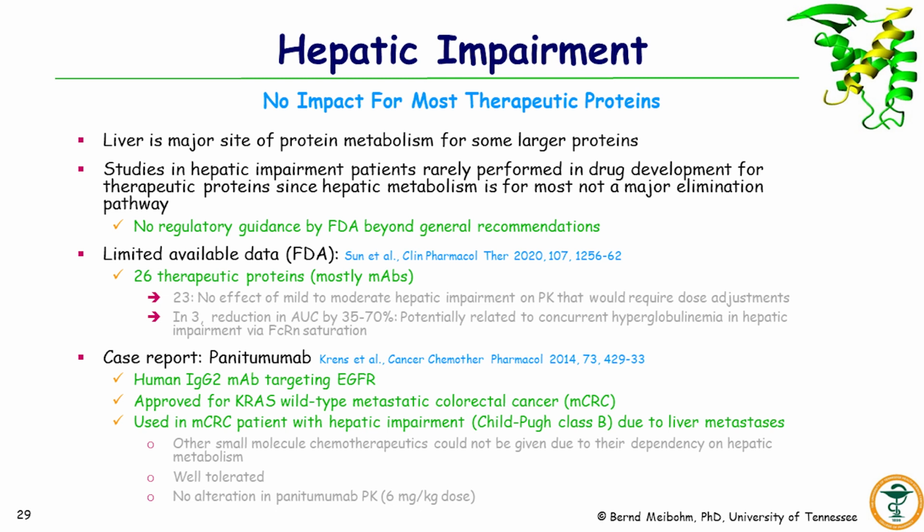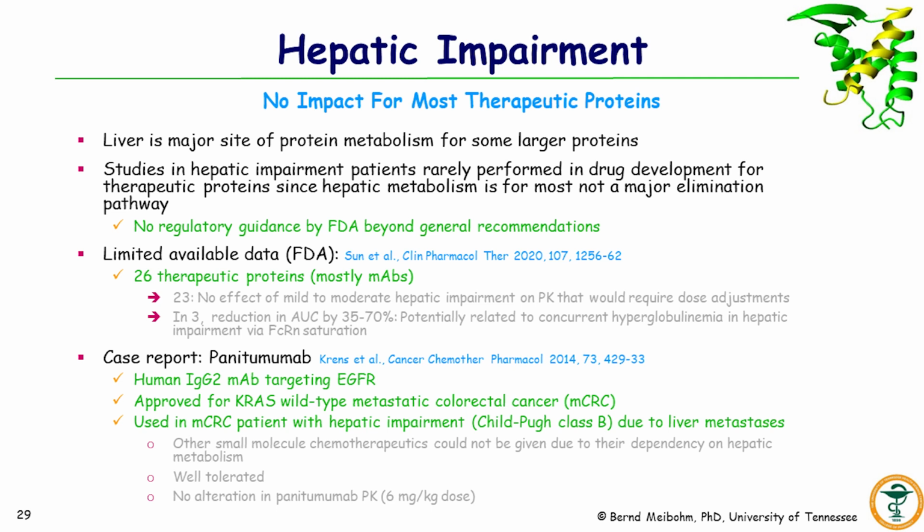It's potentially related to concurrent hyperglobulinemia in hepatic impairment via saturation of the so-called FcRn or neonatal Fc receptor process that we'll talk about in the next section. There's also a case report that I think makes the point very well for panitumumab, which has been used specifically for the treatment of a patient with metastatic colorectal cancer that had hepatic impairment, Child-Pugh class B, due to liver metastasis.